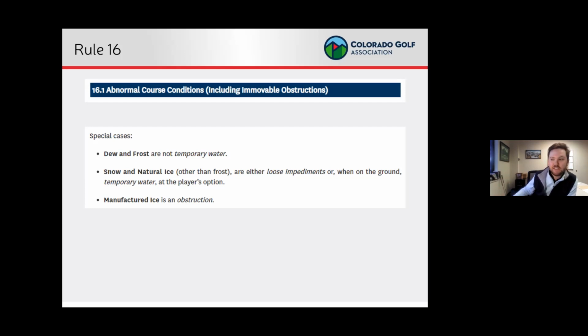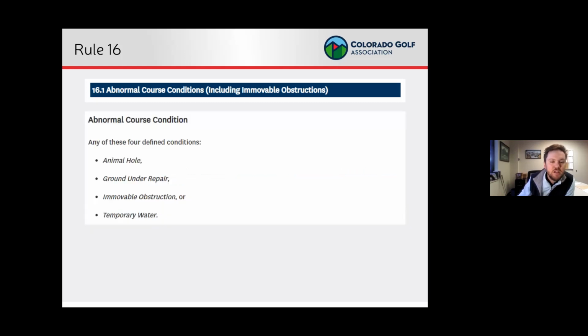Even though it's made of water, manufactured ice, in the name itself, is man-made. It's not natural. Those ice cubes do not occur naturally in nature. If you get that Sonic style ice, that really crushed ice, that's not natural. That's very specialized. So we see that a lot off to the side sometimes in the summer. It melts quickly, obviously, but it yields to say that's a movable obstruction.